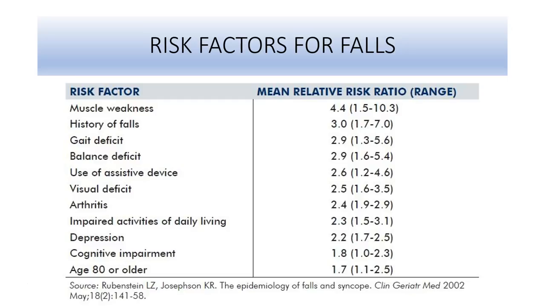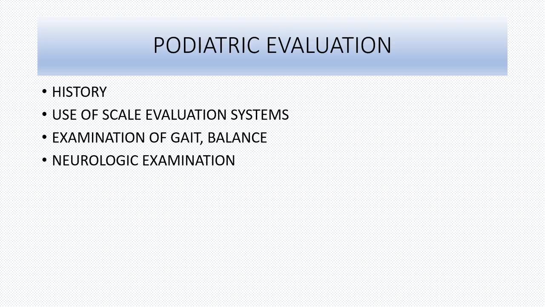All of these things play a role in falls, and I would argue strenuously that there is simply no reason why you, as a podiatric physician, cannot assess patients for the majority of these issues and recommend appropriate interventions back to the primary care physician.